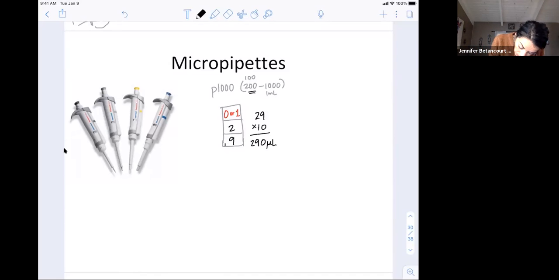So it kind of looks like this. And then the pipette has an arrow that's part of the pipette that is going to point at one of those tick marks. If it is directly underneath the number 9, then you know that the pipette is set exactly to 290 microliters.